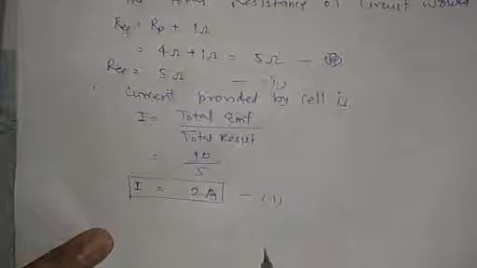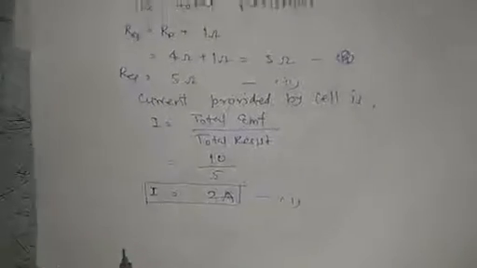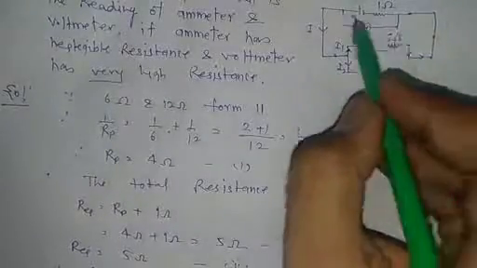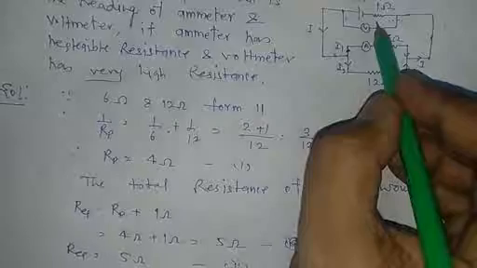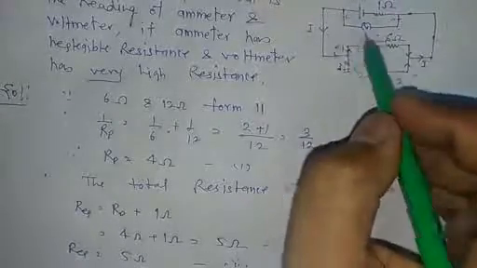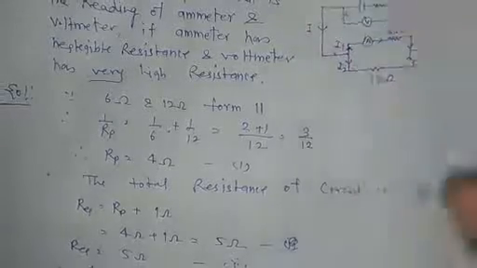Now let us see the voltmeter reading. Since the voltmeter has been connected across the terminals of the cell, the voltmeter will read the terminal potential difference.